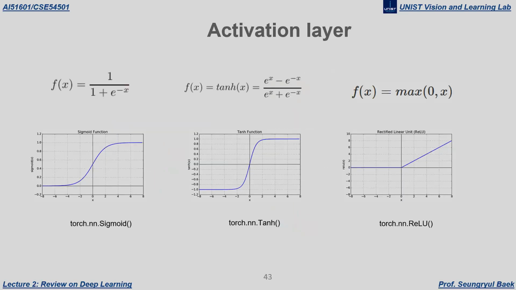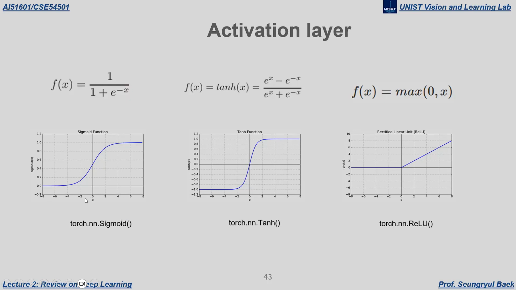The other important component in CNN architecture is the activation layer. These 3 are representative activation layers frequently used in deep learning architectures: the sigmoid function, the hyperbolic tangent, and the ReLU activation function.